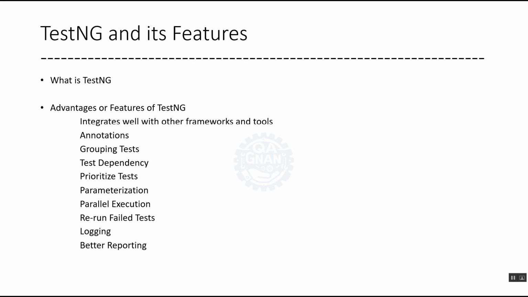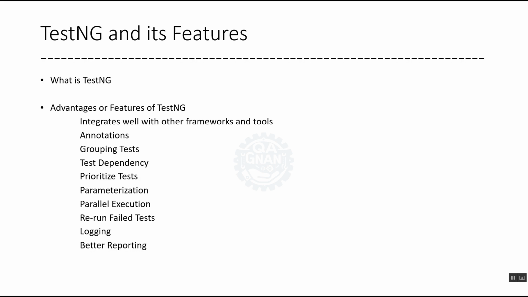So, some commonly used annotations include @Test, which marks a method or a block of code as a test method or test statements that actually test the functionality. @BeforeMethod, which runs before each test method. @AfterMethod runs after every test method, and so on. There are many more annotations which we will be seeing with examples in our coming videos.